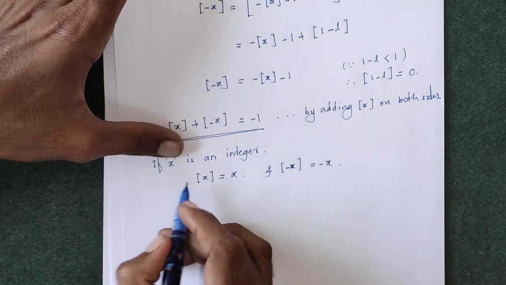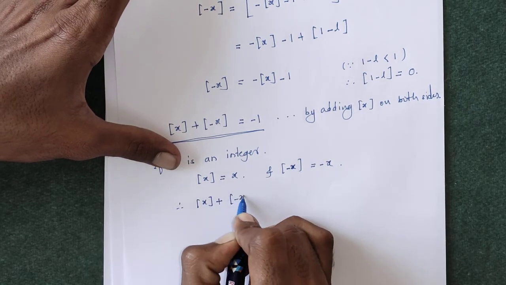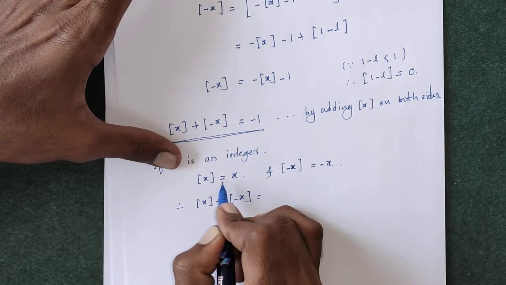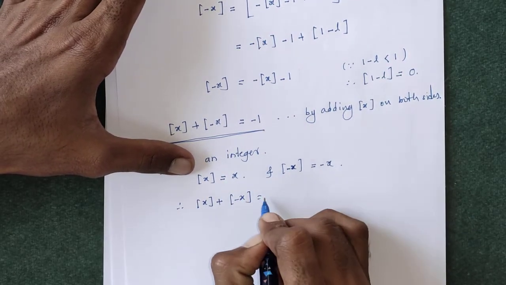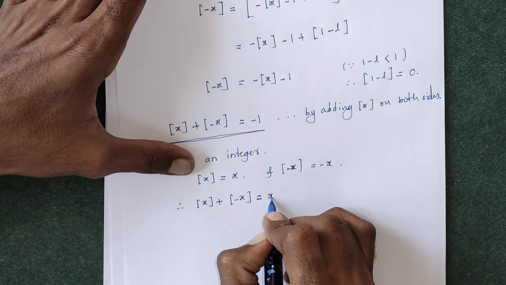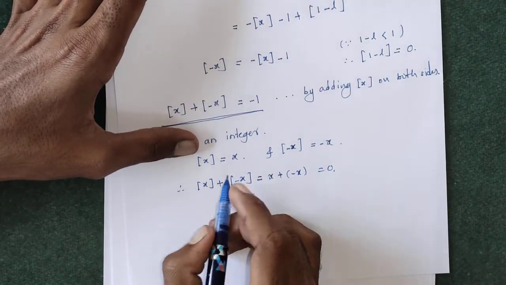Therefore, adding the left hand sides of these both equations and the right hand sides, we get x plus minus x is equal to 0.